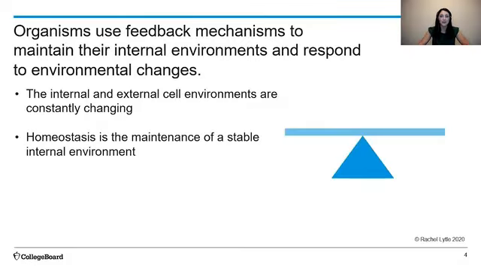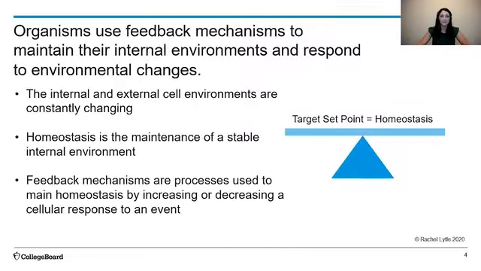If you look at this model, you can kind of think about that as a balancing act. And homeostasis is attempting to maintain some sort of target set point in the organism. For example, maybe it's your body temperature or the pH of your blood that needs to maintain a specific number and a target set point for the organism.